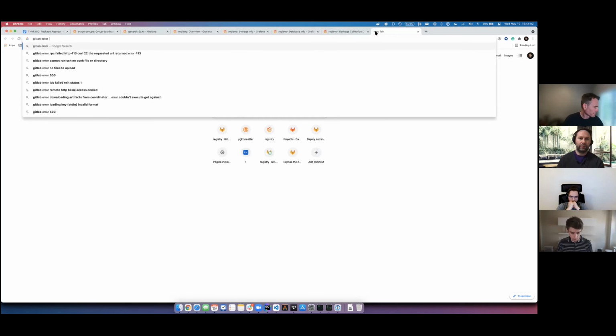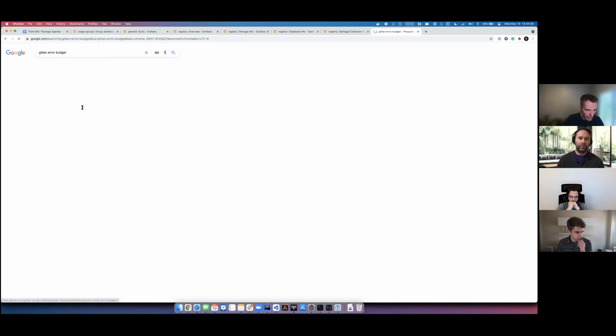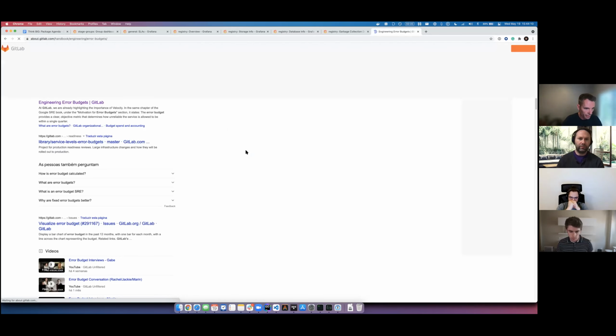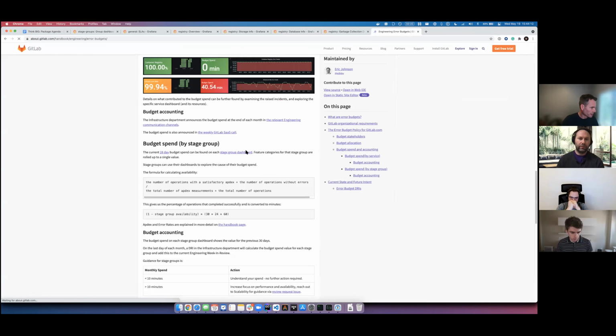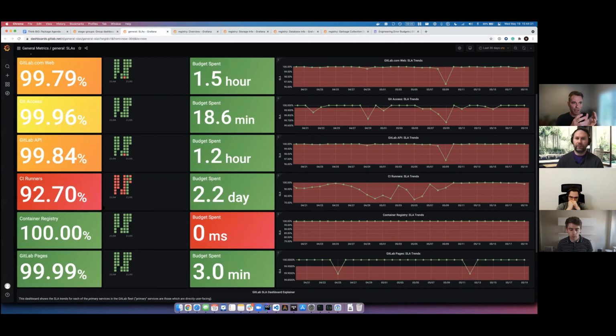If you have a look at the general SLAs, which is the one I just linked in the agenda, the general SLA shows the container registry at 100%. So determining, okay, this is specifically inside our Rails environment, how do we dig into that based on the error budget dashboard was the question I was asking. And so that's kind of where I went.